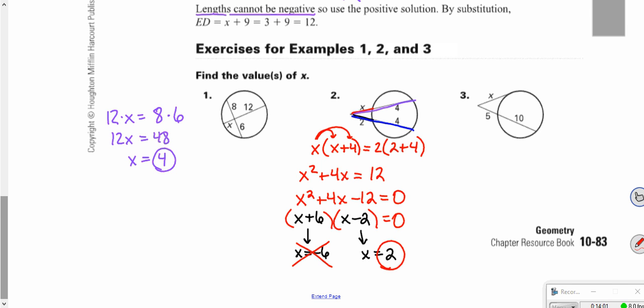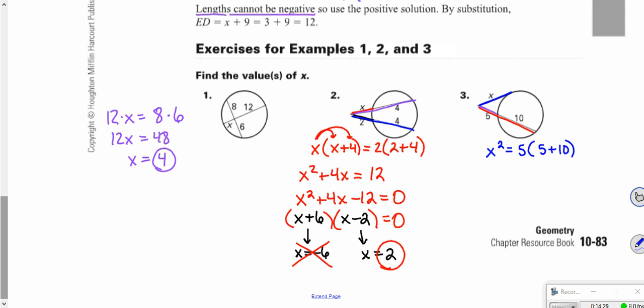Now, over here on 3, remember, it is the tangent piece squared equals the exterior times the whole thing. Okay, so tangent piece squared equals the exterior times the whole length, which would be 5 plus 10.